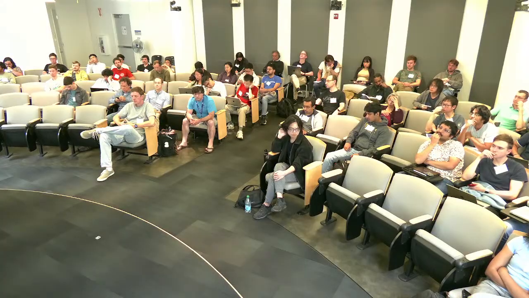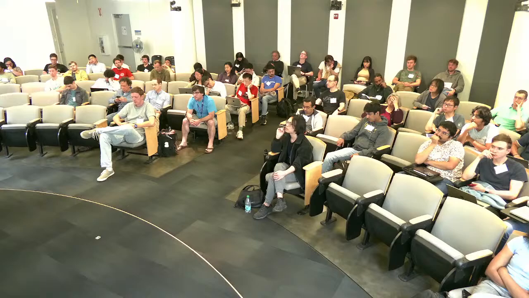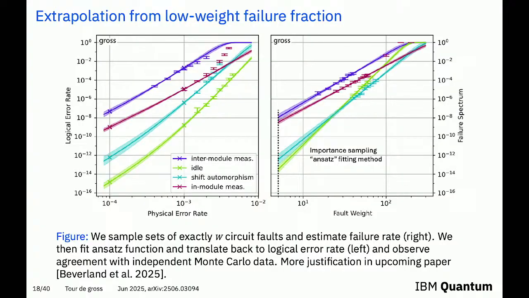And so in that sense, you can fix W and sample a bunch of configurations and see what fraction of your runs fails, right? For a fixed number W of faults. Yeah, so we will have more justification in an upcoming paper by Michael Beverland et al.